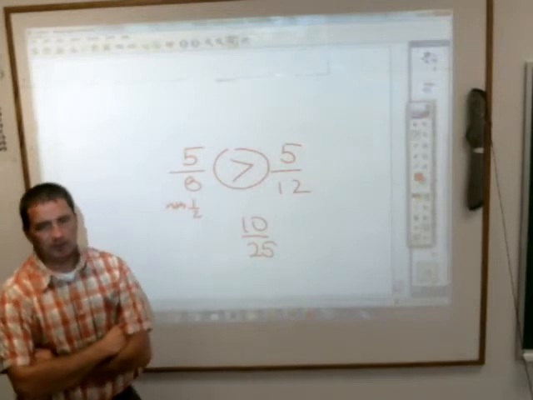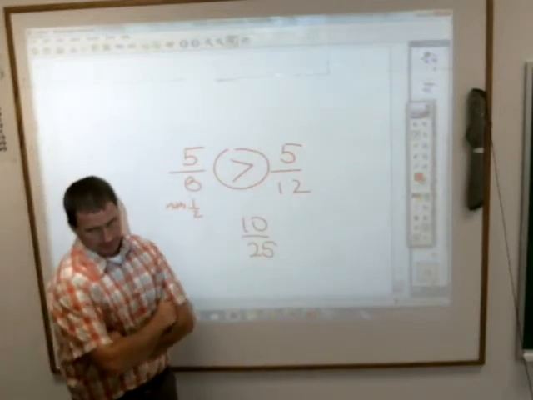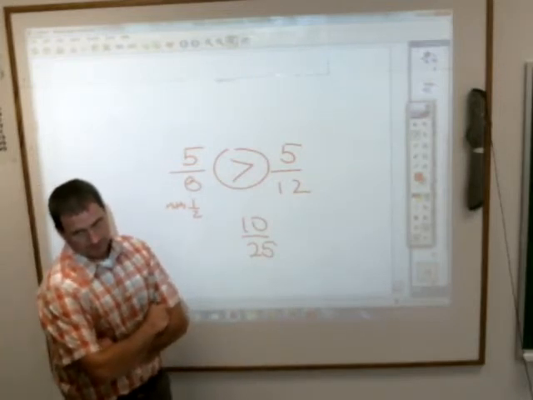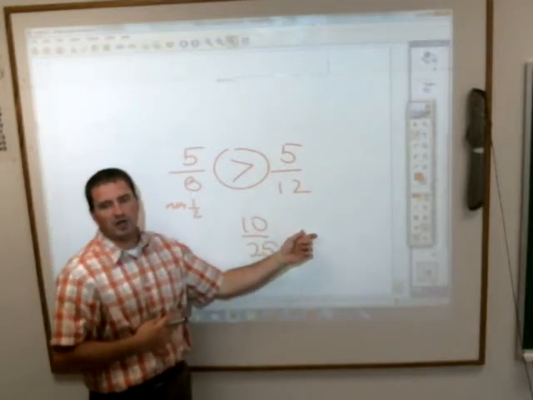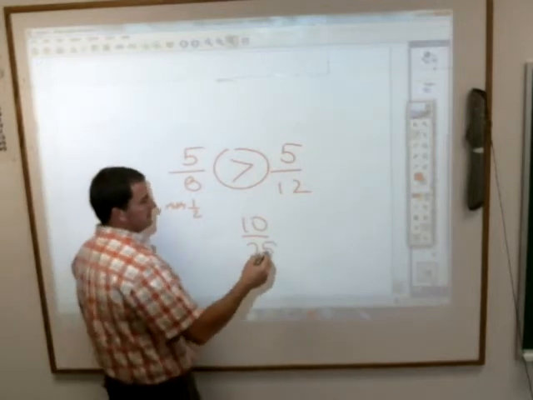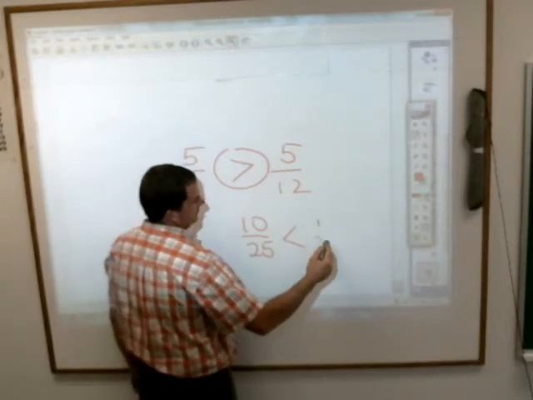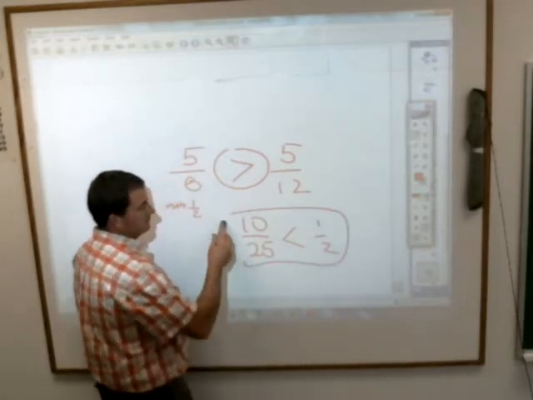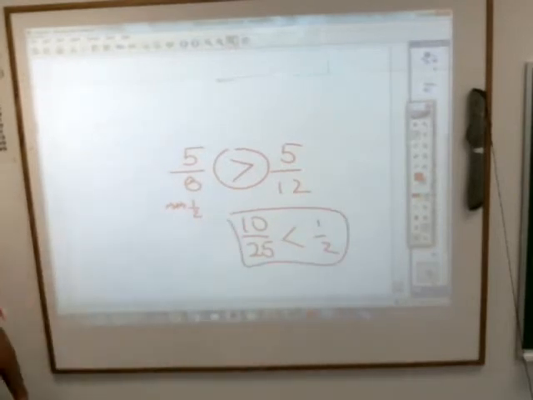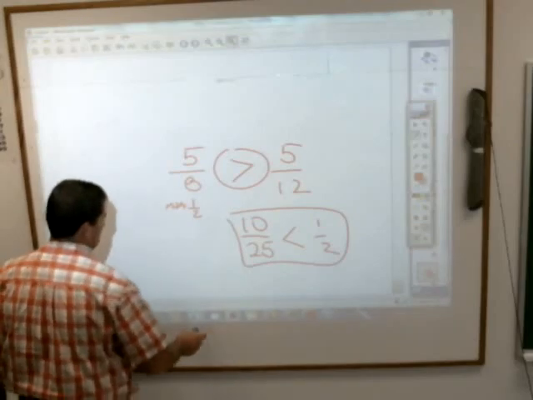Sammy? Less. Why? Because half of 25 is 12.5. You know it's at least 12, and since 10 is less than 12, this has to be less than 1/2. So if you think about it in terms of eating pizza, I think you'll probably do okay. Perfect. That pretty much is the whole spiel.